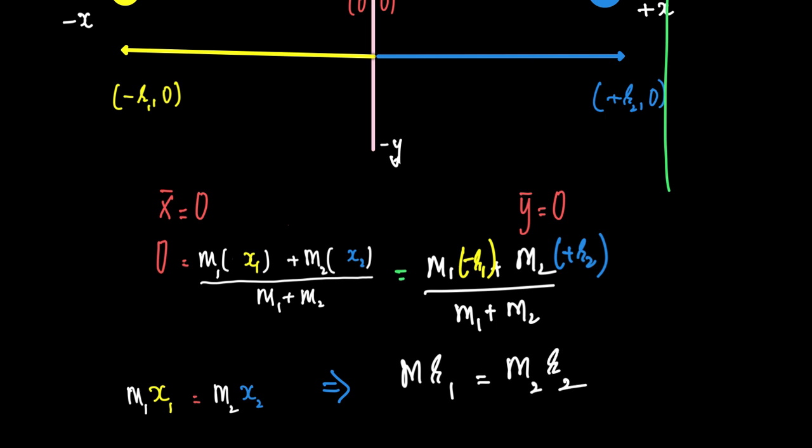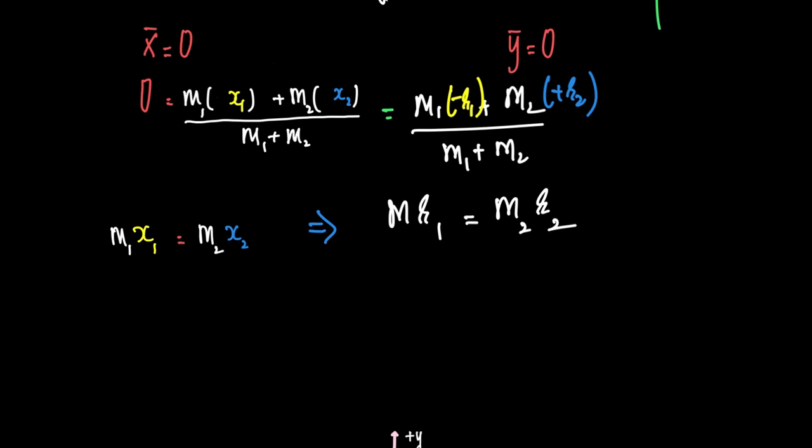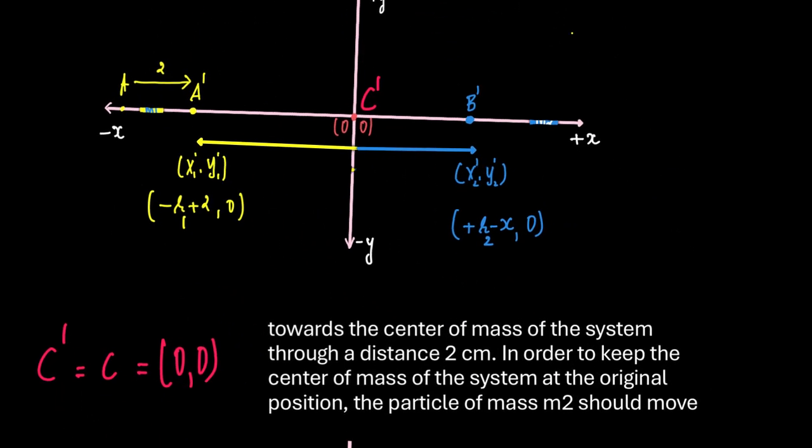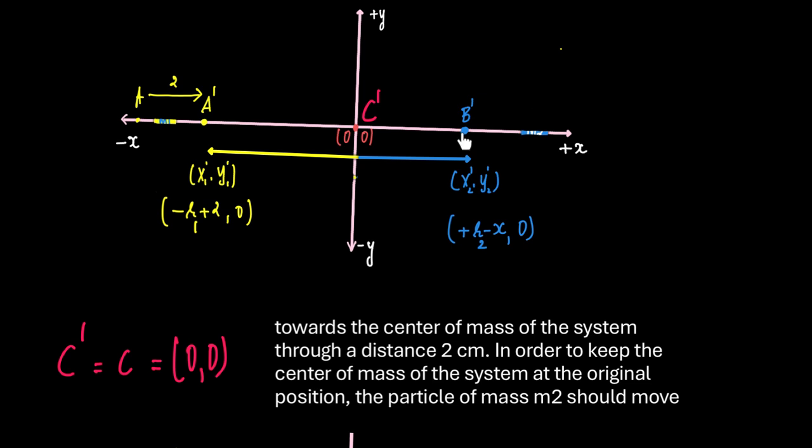All right. Now this is not what the question is all about. The question is asking us to find out the distance moved by B when A is moved by a distance of 2 centimeters. So when mass M1 is moved by a distance of 2 centimeters, the position of mass M1 changes from A to A dash.